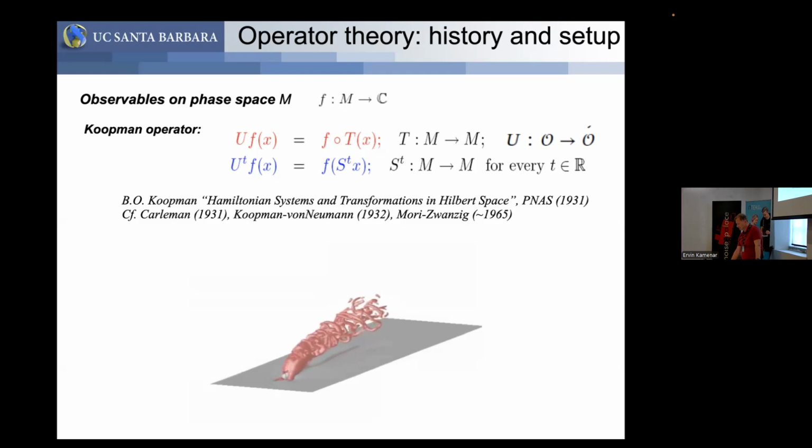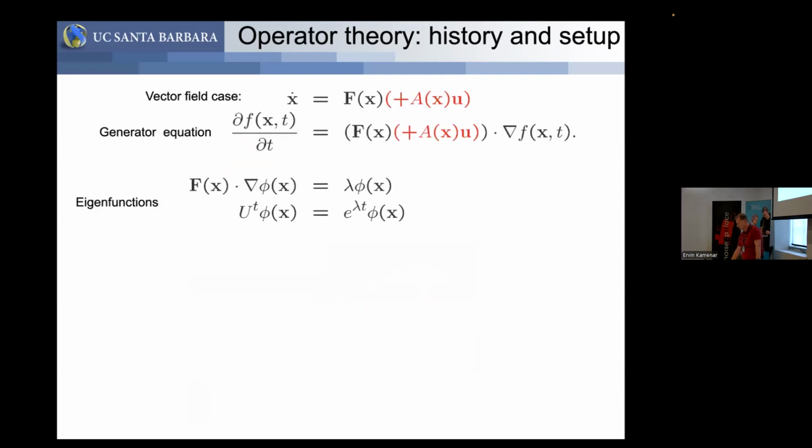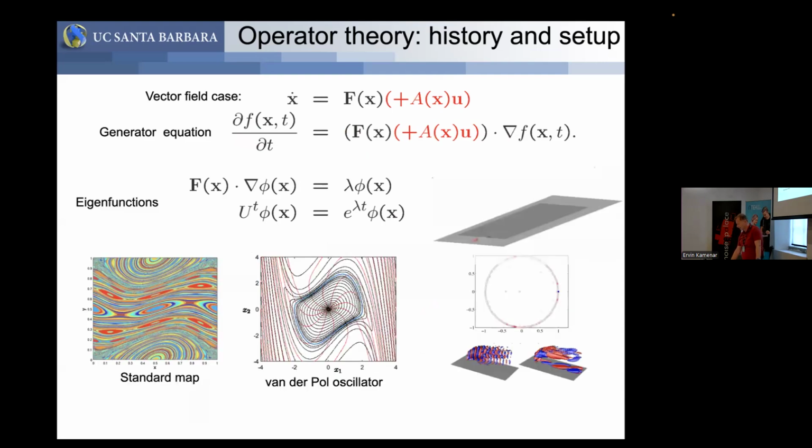This is the fluid flow that we did in 2009. So we were capable of extracting some structures out of this quite complicated chaotic flow, and perhaps that caused quite a bit of interest. Once again, in the vector field case, we have x dot is equal to f of x. If we find the eigenfunctions, that's a good thing. Level sets of eigenfunctions give us the state space structures.